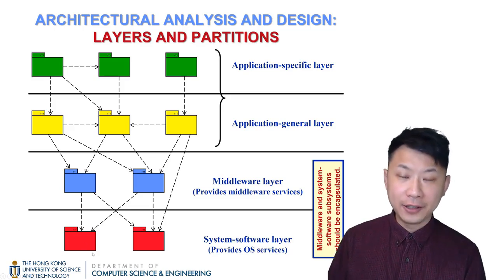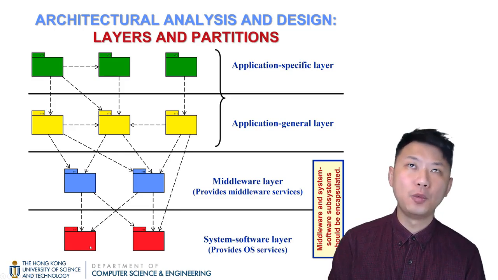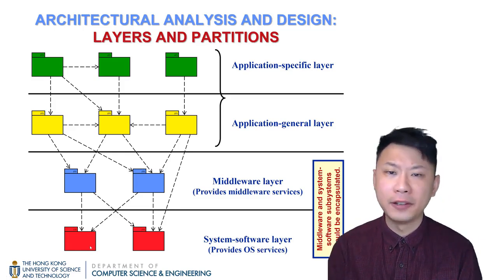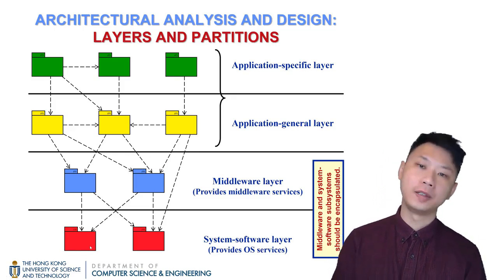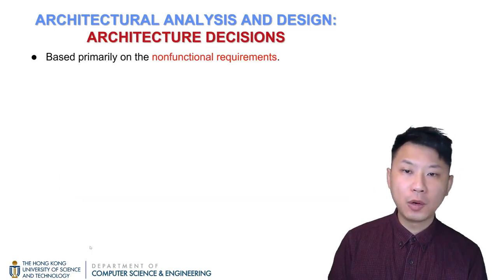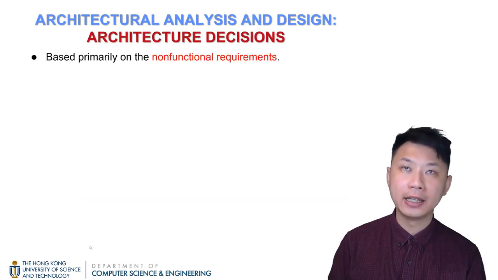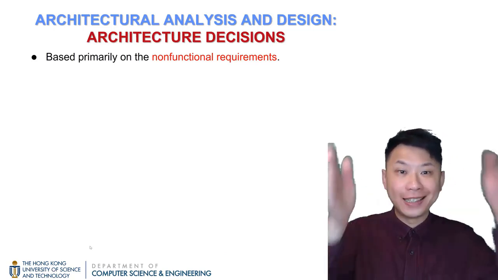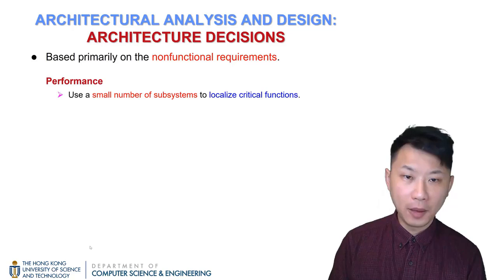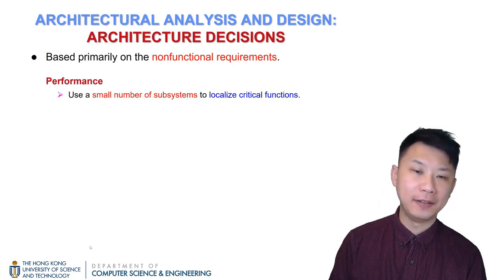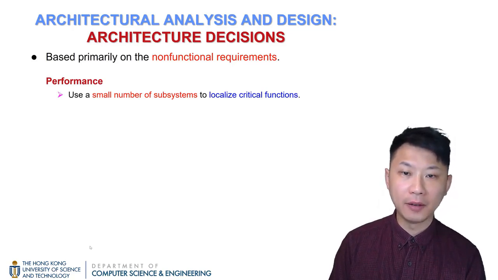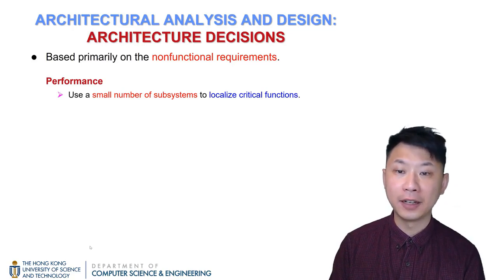And the inner layers are more critical subsystems which control the behavior of the software system, and we call them controllers. Based on all the non-functional requirements that we have captured in our SRS, we can come up with a hierarchy that we can use for building the system. If we want to achieve performance, then one architecture that we can use is a small number of subsystems to localize critical functions.